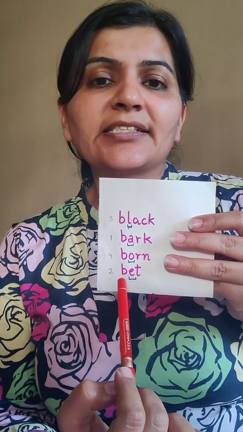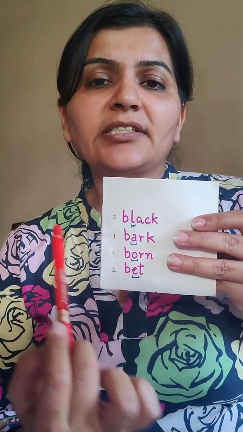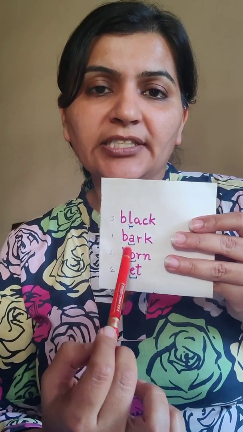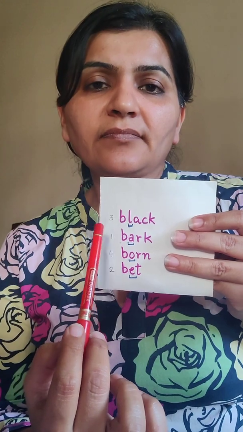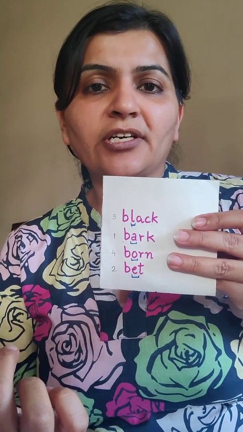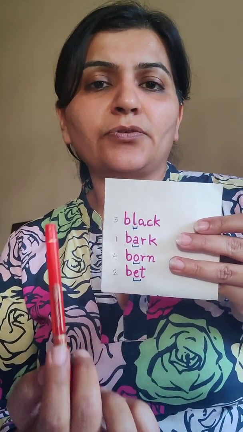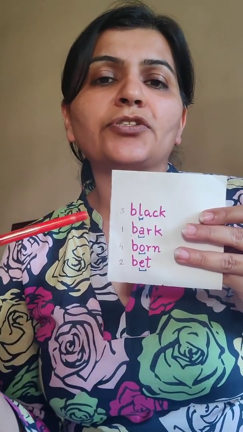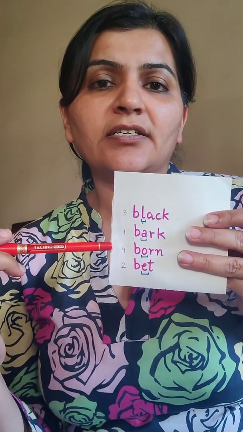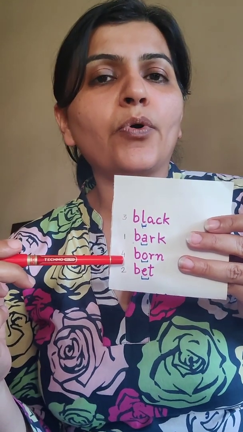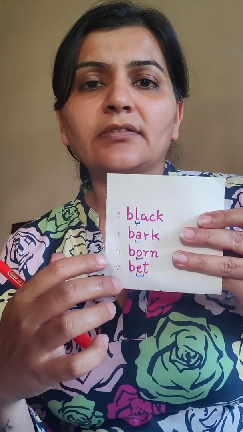Then the second is bet because we don't have words with B, C, D here, but we have E. Then we have no F, G, H, I, J, K, but we have L. And then we have no M, N, but we have O. So the correct sequence is bark, bet, black and born.